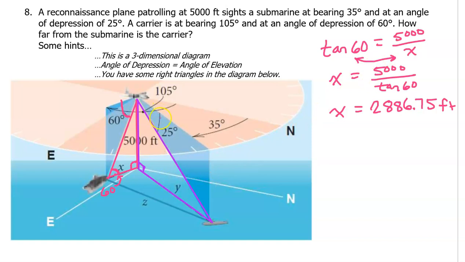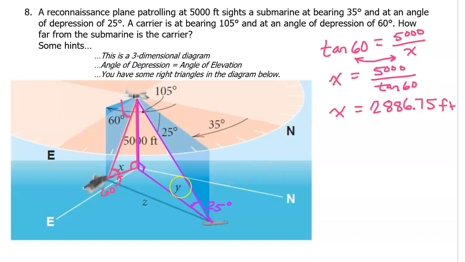Again, because the angle of depression up here in the sky is 25 degrees, that means the angle of elevation from the perspective of the submarine is also 25 degrees. All right, the angle of depression and the angle of elevation are going to be the same thing.